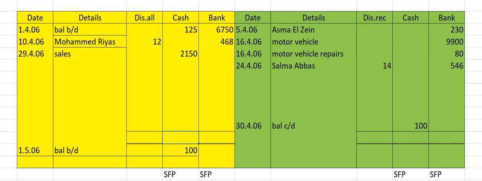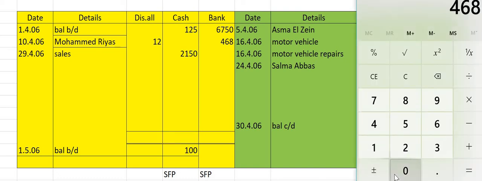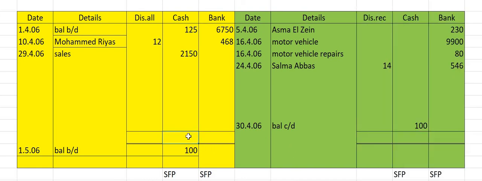Now we are going to take the total of this, right? So in order to take the total of this, what do you do? You add 125 with 2150, which gives you 2275. 2275. You enter the same amount over here, 2275.